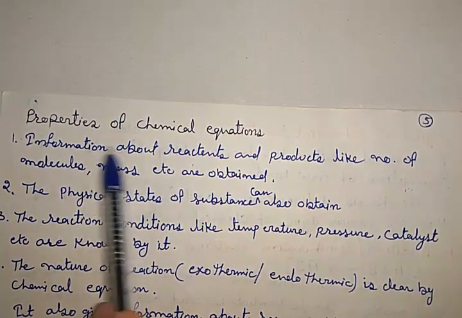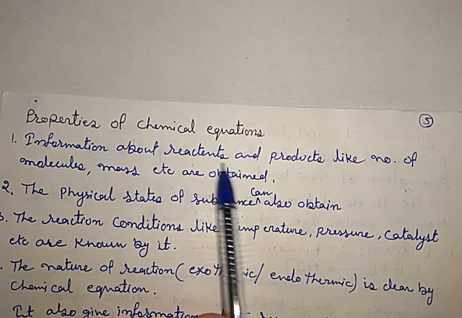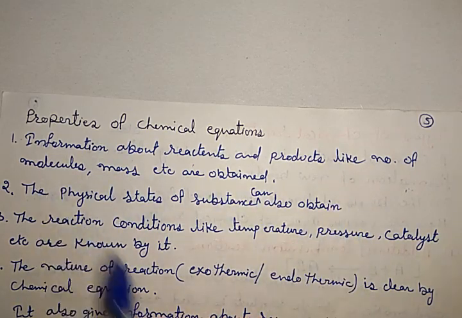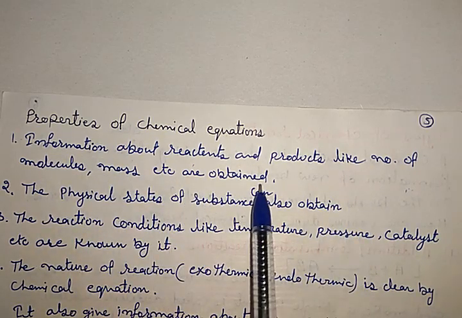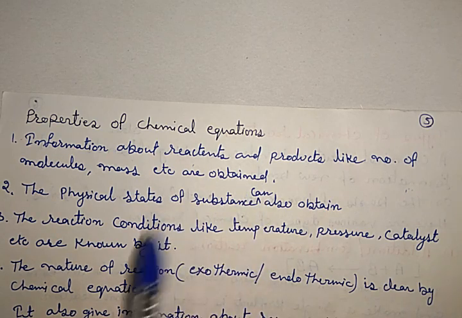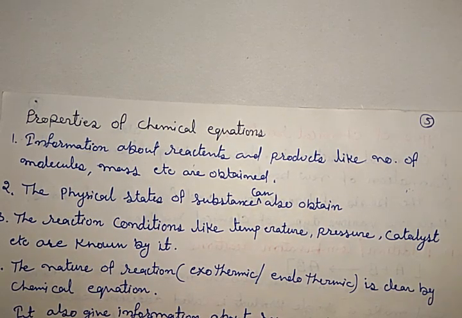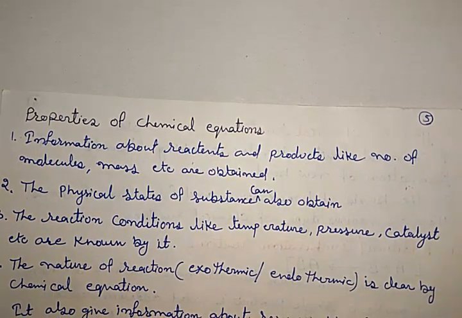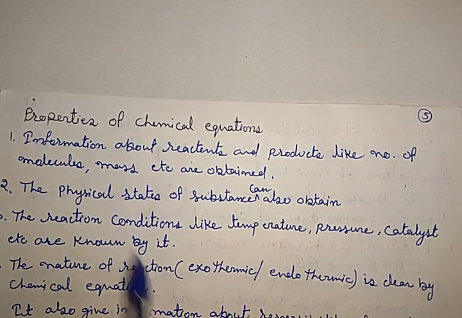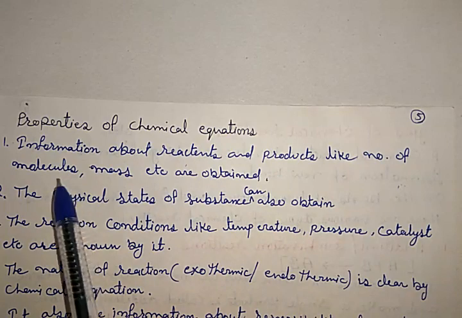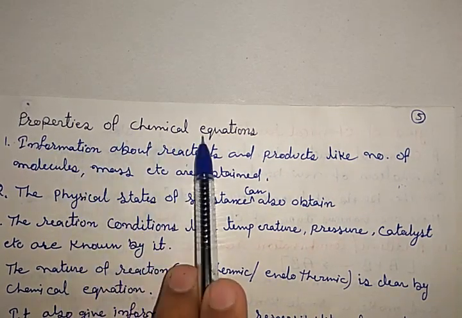First, a chemical equation gives information about the reactants and products, like the number of molecules, masses, etc. How many reactants participate, which reactants participate, which product is formed, how many molecules of product are formed, how many molecules or atoms of reactant take part. All of that kind of information we can get from a chemical equation.